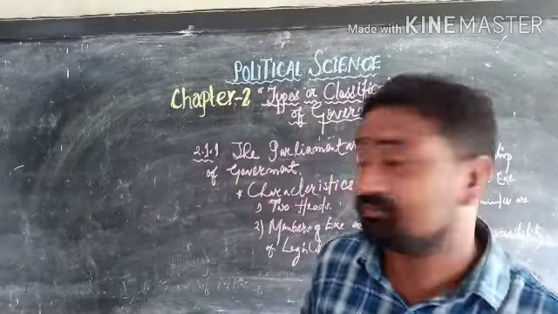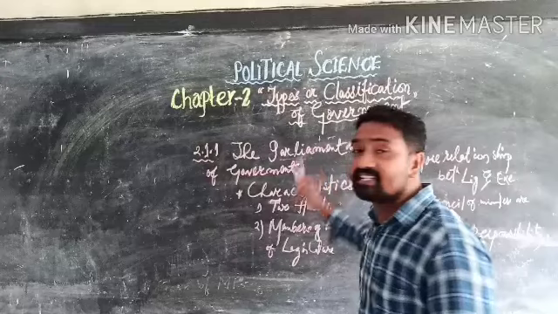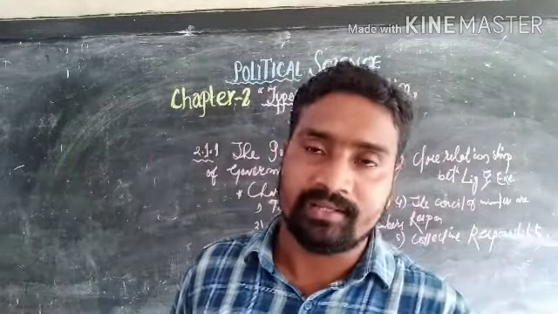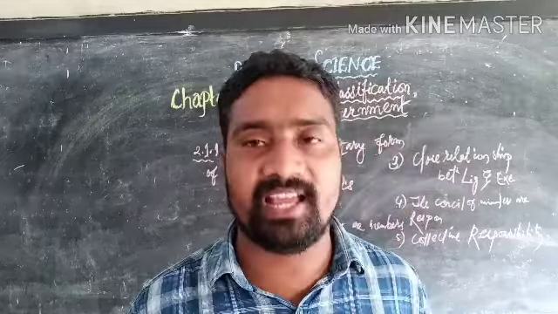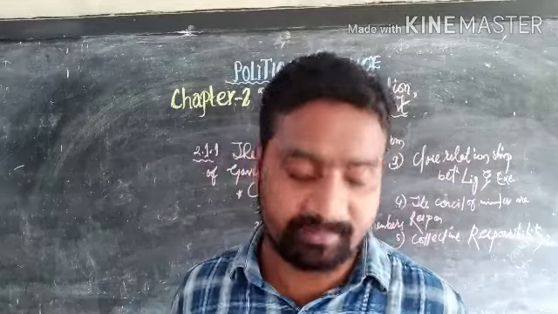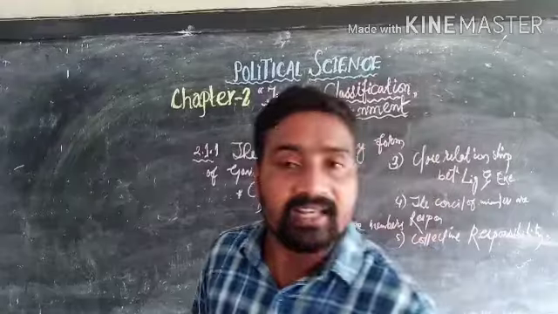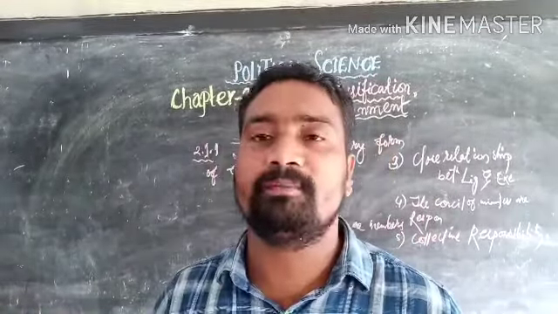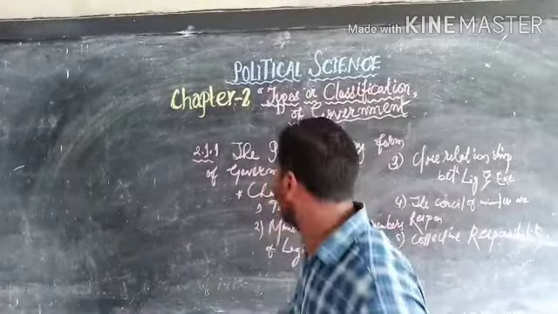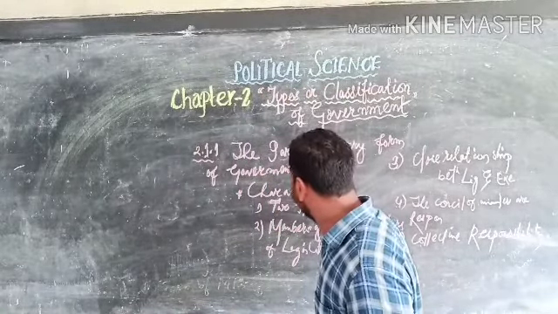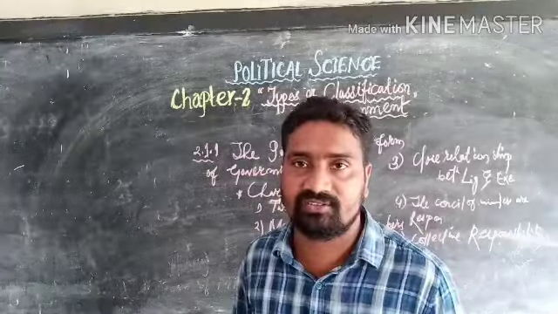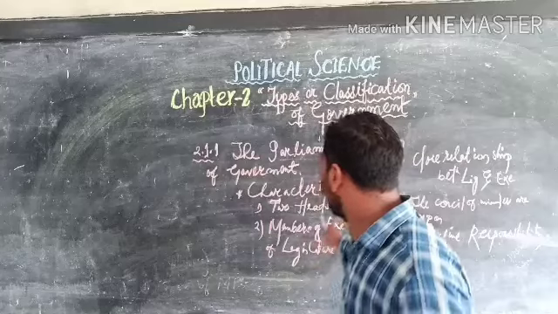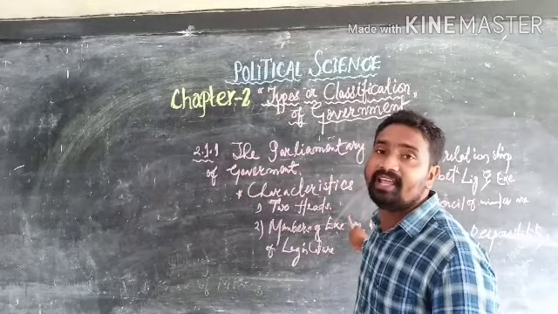Understood? The real executive comprises the Council of Ministers and the Prime Minister. The Council of Ministers under the leadership of the Prime Minister is known as the real executive, and the President or King or Queen is known as the nominal executive.